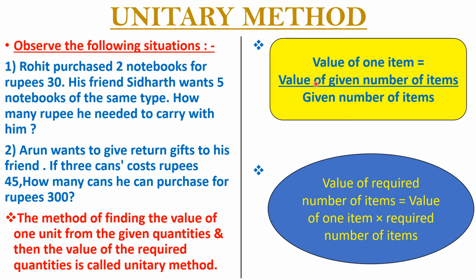Remember children, the value of one item can be calculated by dividing the value of the given number of items by the number of items. Similarly, the value of the required number of items can be calculated by multiplying the value of one item by the required number of items.